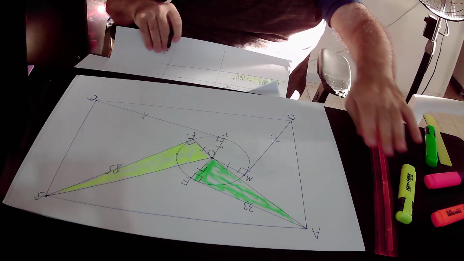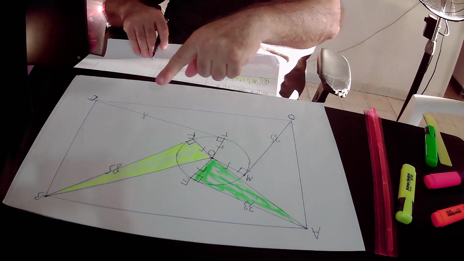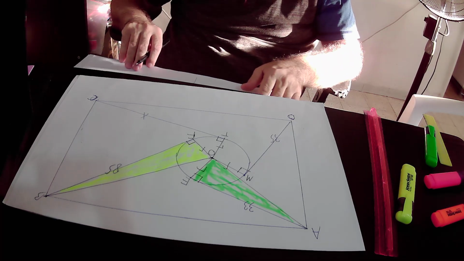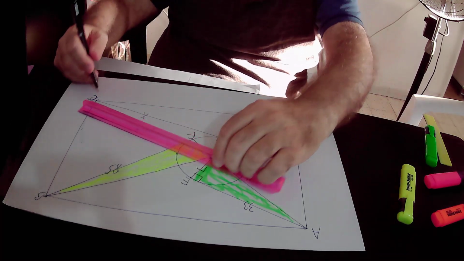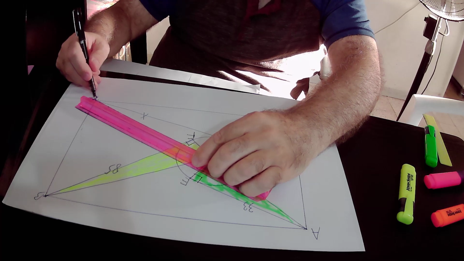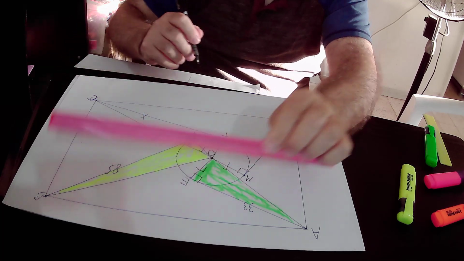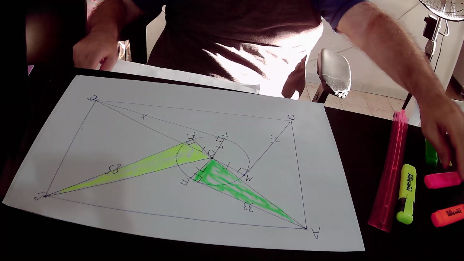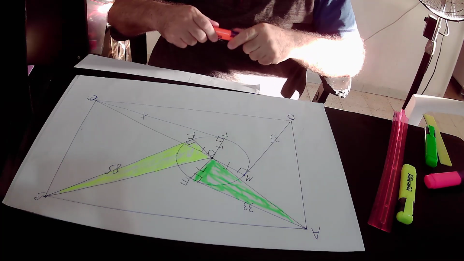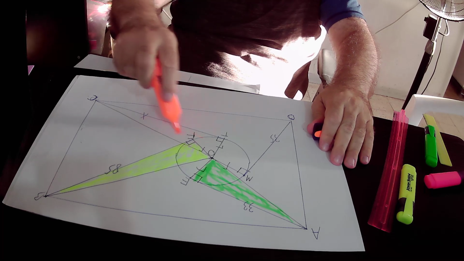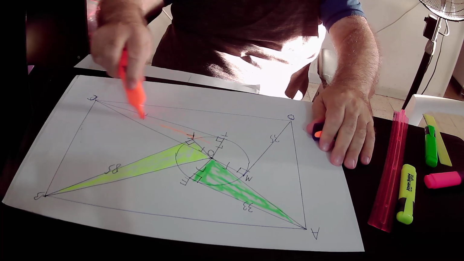In the next step, we'll join points O and C together by a straight line. And we'll implement the Pythagoras theorem on the right orange triangle, triangle OTC.